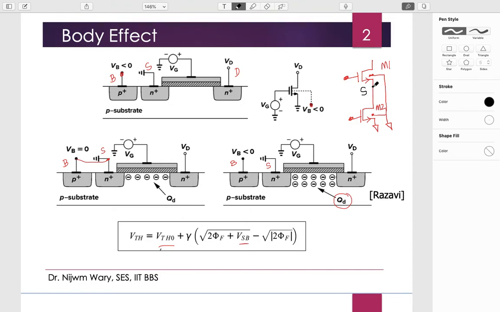So there can be a situation when this source potential will be higher than 0, definitely, because this is a drain.